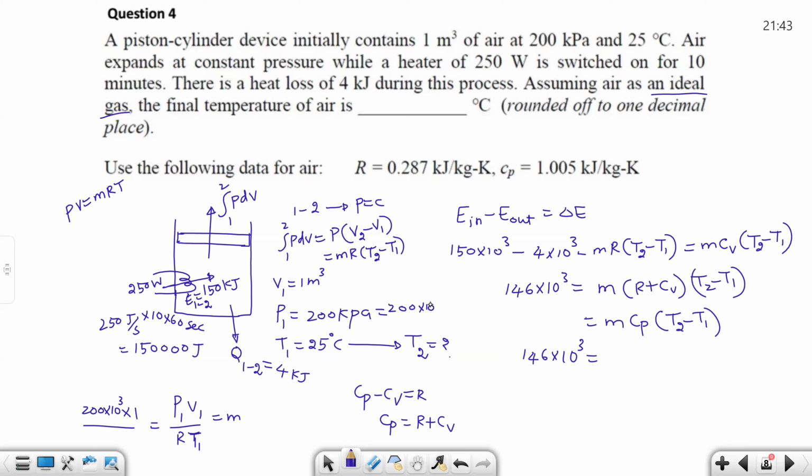Pascal is Newton per meter squared. R is 287 joule per kilogram Kelvin. Temperature must be in Kelvin, so 25 plus 273, which is 298 Kelvin.